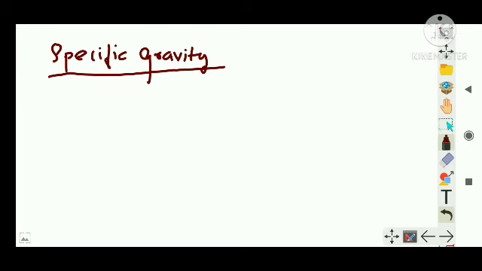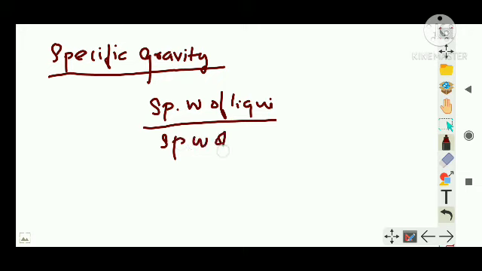That is, you are comparing the specific weight of a substance. Let's say I'm going to take a liquid. So the specific weight of the liquid, when I compare it with the specific weight of water at 4 degrees Celsius, is known as the specific gravity of this liquid.